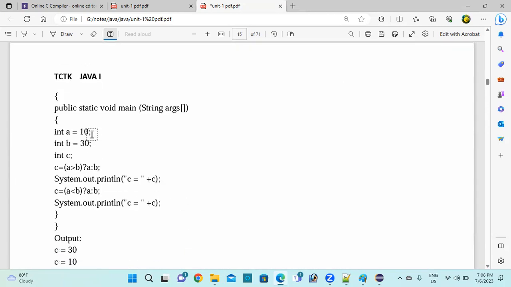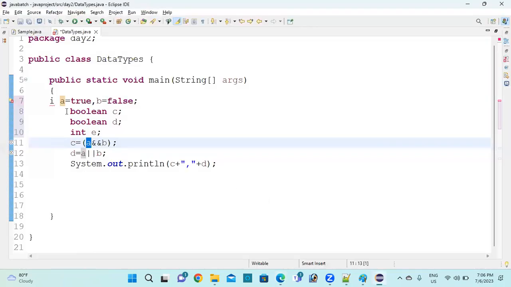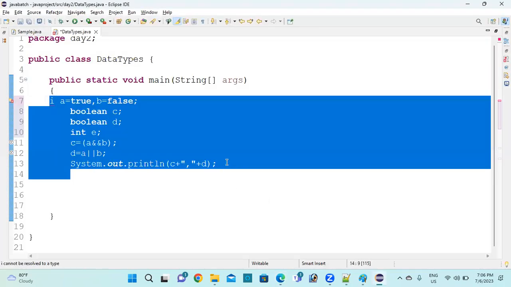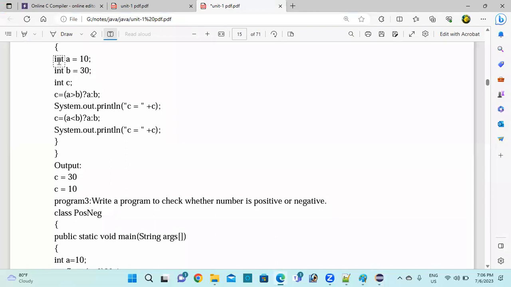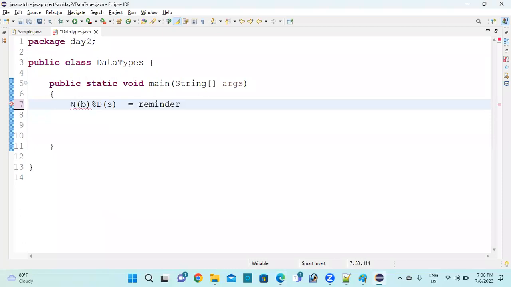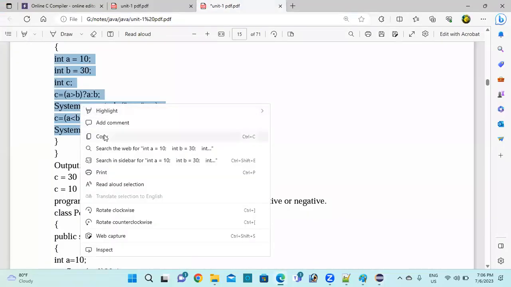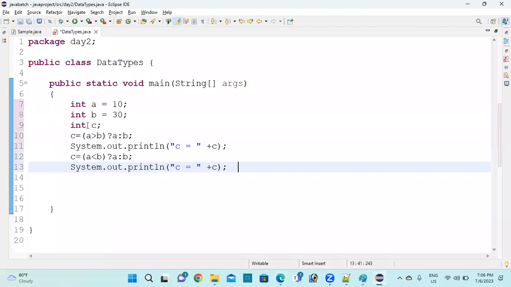Conditional operators you know very well. Conditional operators are nothing but, you should take the value. So here you can see A equals 10, B equals 30. When expression 1 is satisfied, expression 1 will be executed, or else expression 2 will be executed.